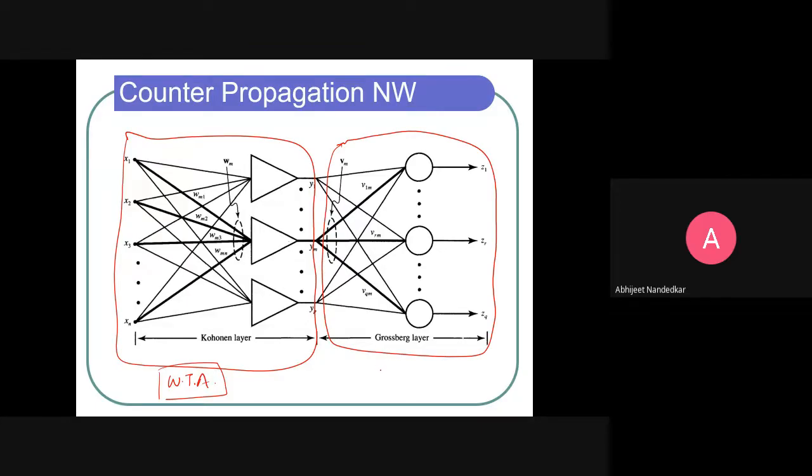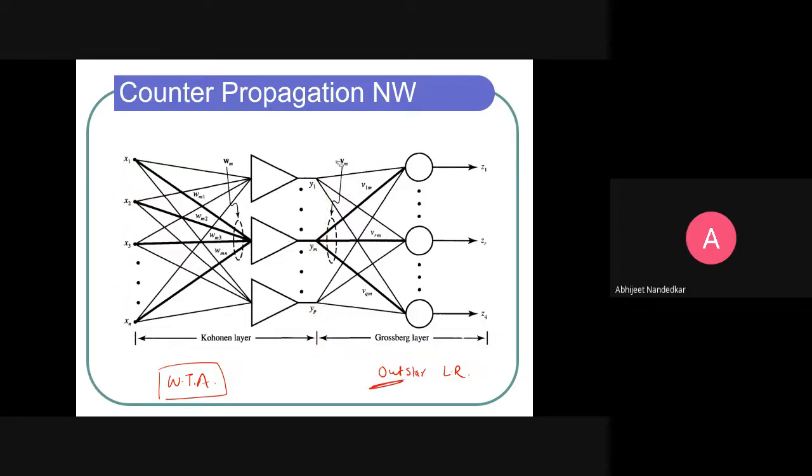This requires the Outstar learning rule. This first layer requires the winner take all learning rule, and the second layer requires the Outstar learning rule. So what is that? Before I go to what the Outstar learning rule is, let us see the practical situation when you use this practically.